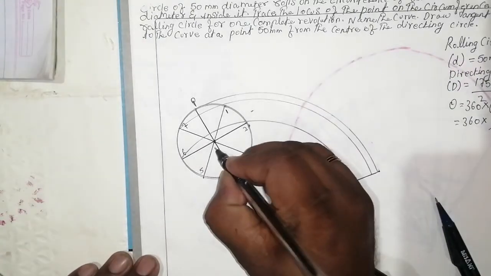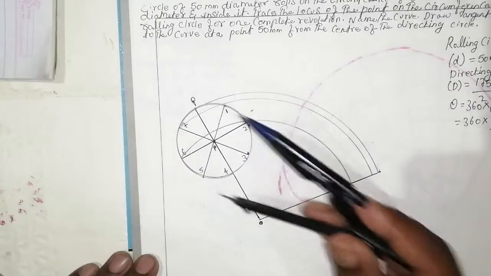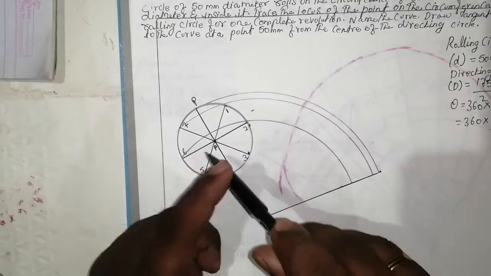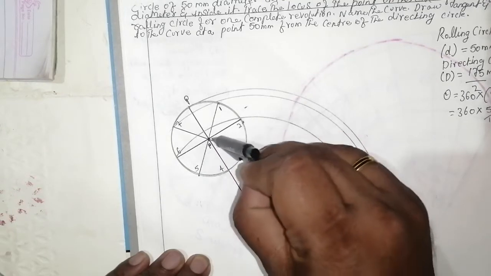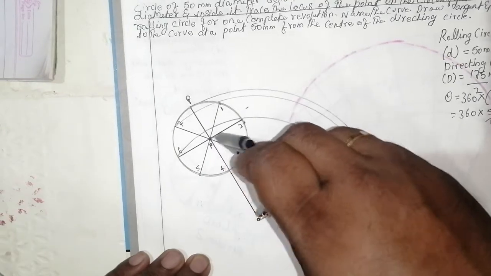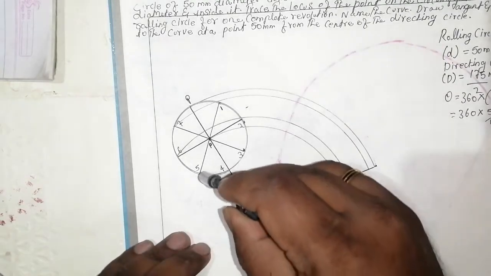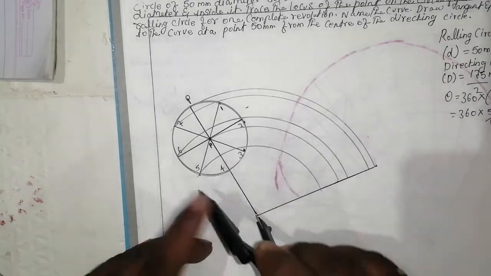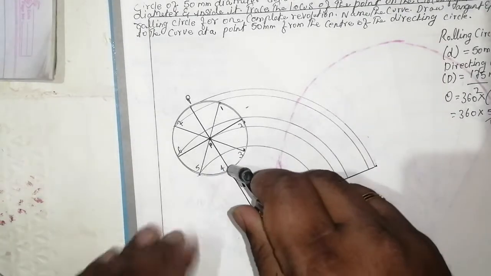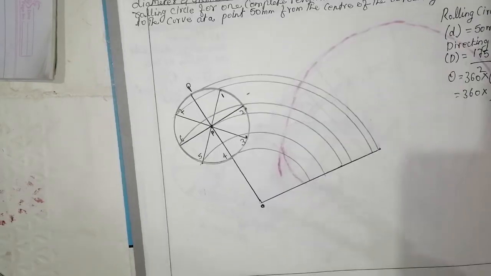And from O to P, one more arc. Keep on going like this. O to 5, one more arc. Then O to 4, one more arc. So your drawing will come like this.